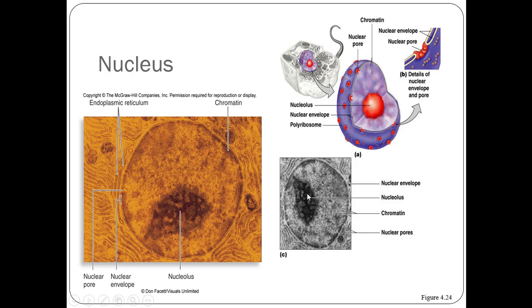We have that chromatin within the cell as well, some of the nuclear pores, nucleolus, nuclear pores. And as you can see, we have the endoplasmic reticulum that's sitting right outside of that nucleus to basically take that mRNA and make it into proteins.